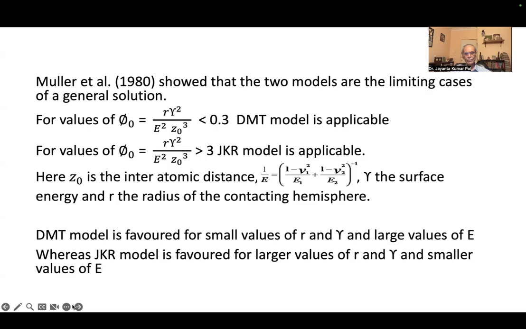And obviously, E has to be large in this case for the DMT model to be applicable. And similarly, for the JKR model to be applicable, R and gamma should be slightly larger, and E should be slightly smaller. So there is no contradiction except that they apply for two different kinds of material.